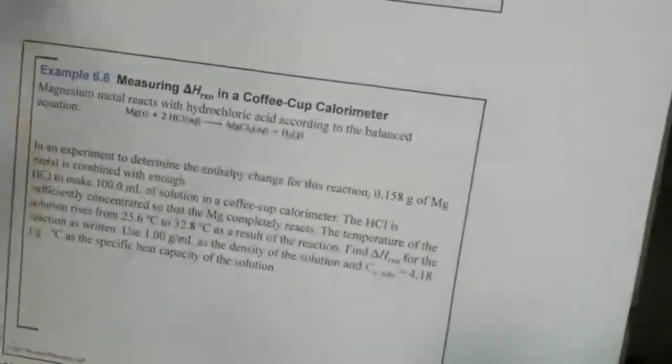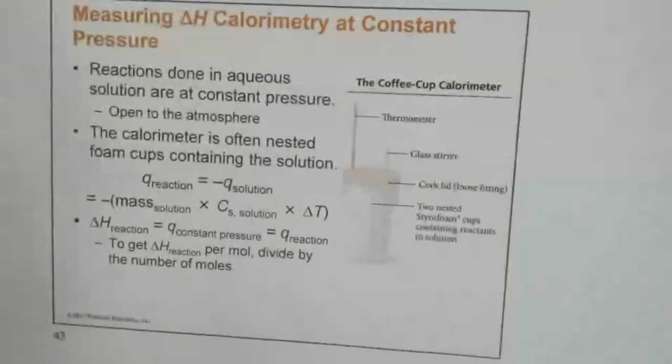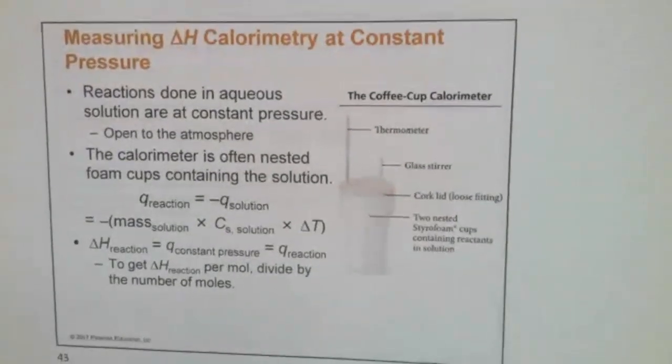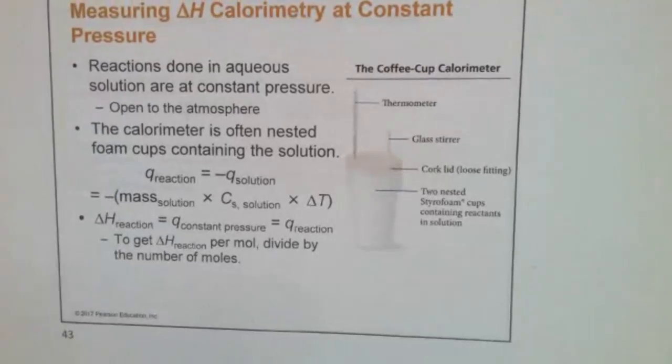We can also use that in another type of calorimeter, which we'll be using in lab this week, called a coffee cup calorimeter. Unfortunately, we're not as exciting as some of the bigger schools. We don't have bomb calorimeters, but we do have coffee cups, thankfully, and we can use those to measure the energy of a reaction.